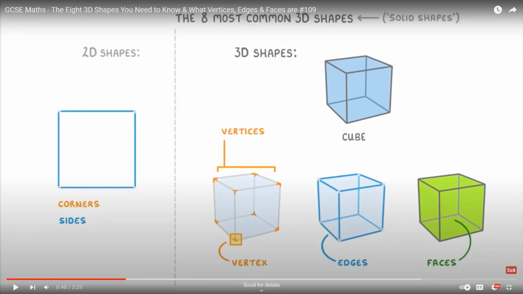For the most part, we know that we have these two pieces, corners and sides. The corners are the places where the sides meet, and we know that it forms what we call an internal angle.